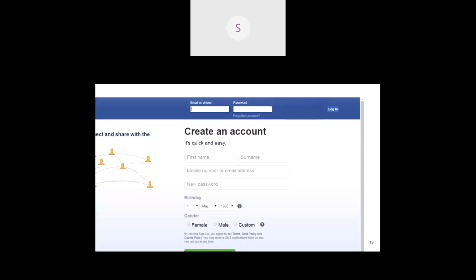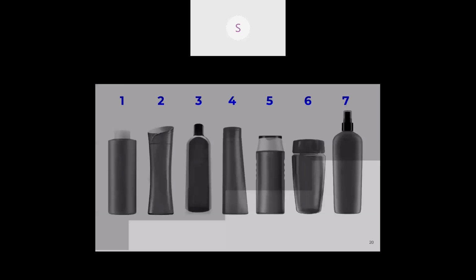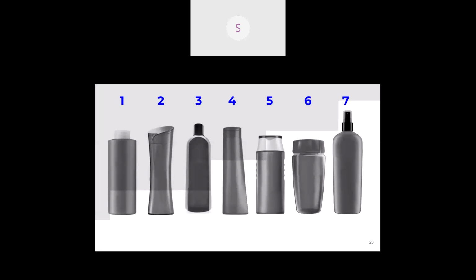Yes, right. So in the next screen, I need you to select. So these are all shampoo bottles, okay? And I need you to select which shampoo bottle you would pick. You can give me the number. 5, 7, okay?